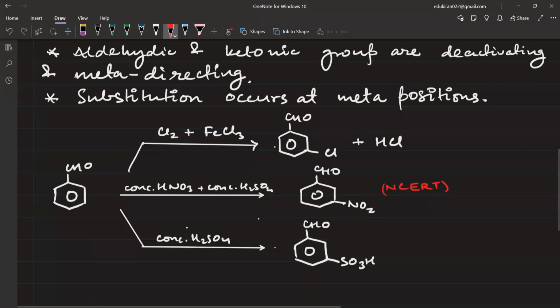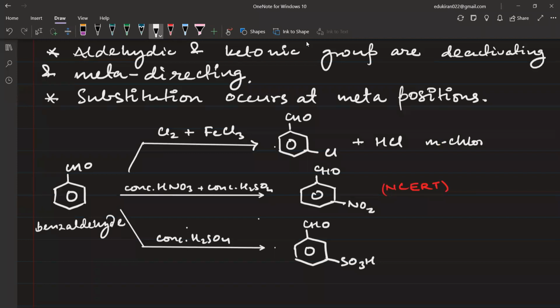So here, what is this? This is benzaldehyde. What is this? This is m-chlorobenzaldehyde. This is m-nitrobenzaldehyde.